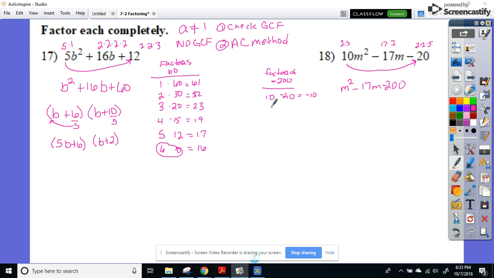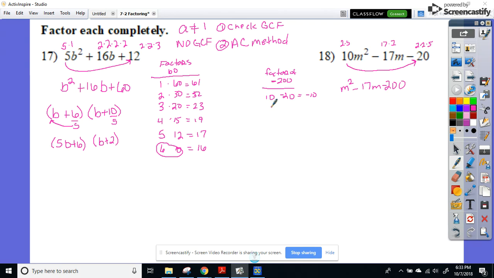So what about, let's see, can I do 200 divided by 12? Nope. 200 divided by 9? Nope. 200 divided by 14? Nope. 200 divided by 15? Nope. 200 divided by 16?